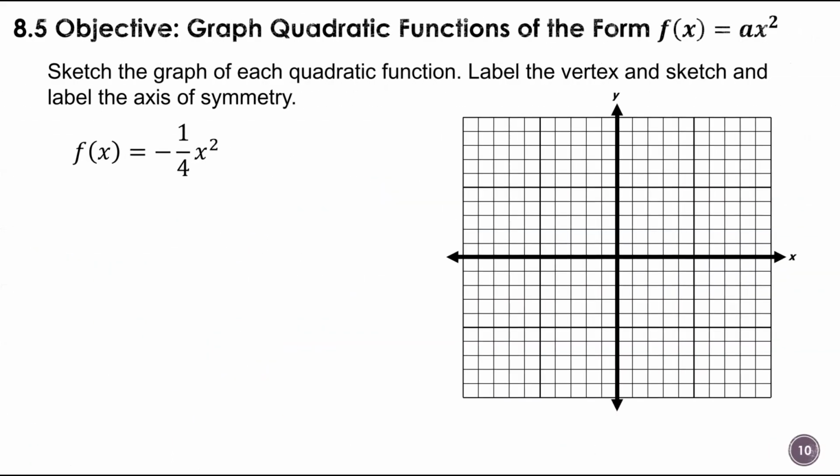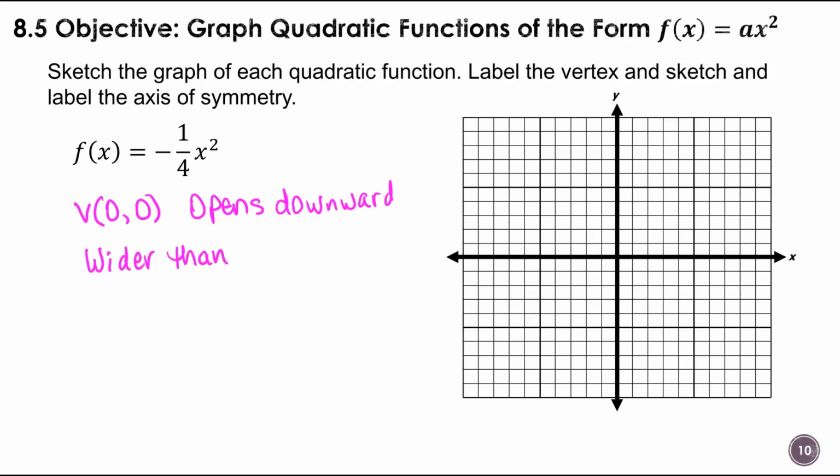Okay, next. So this one has a fraction, which makes it wider, okay? It also is going to open downward with a vertex at 0, 0. It's going to be wider than our graph of y equals x squared because it is a fraction.